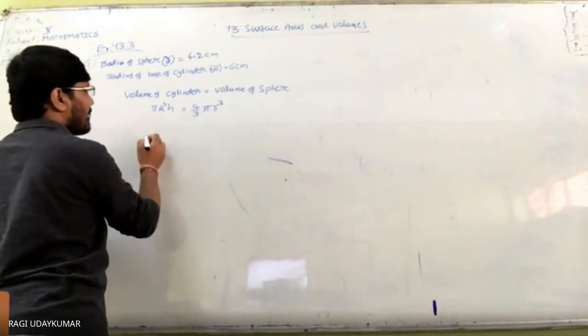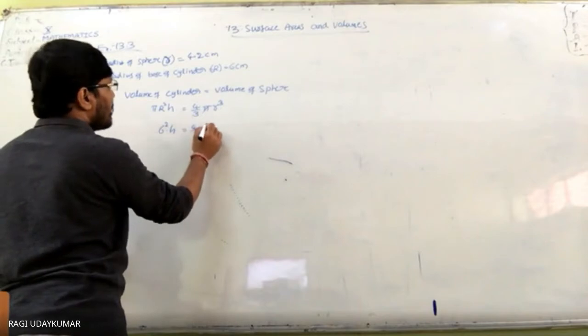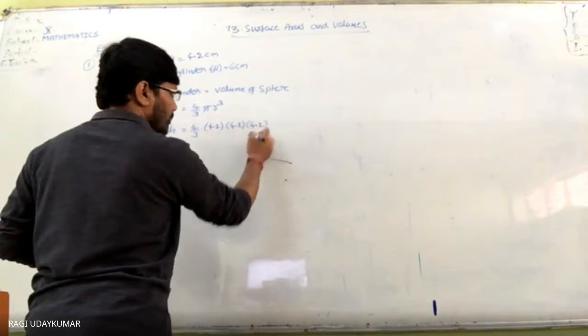So pi will get cancelled. R value 6 square into h is equal to 4/3 into 4.2 into 4.2 into 4.2.